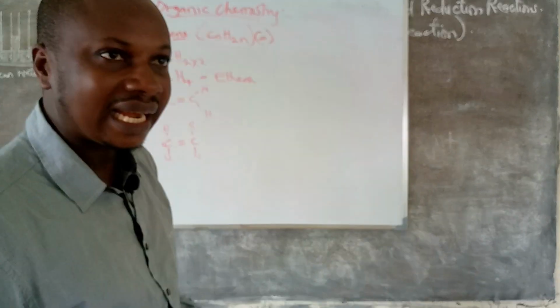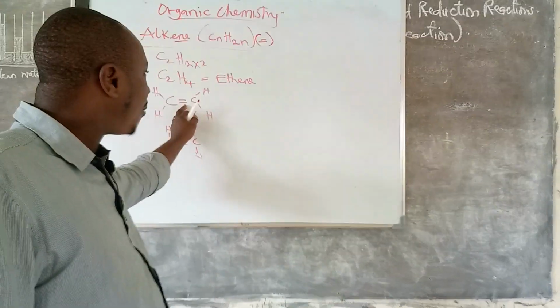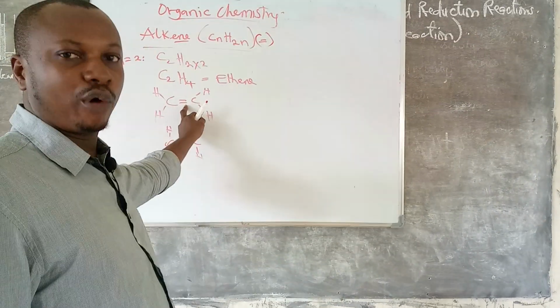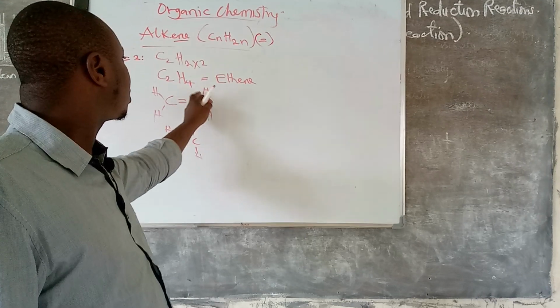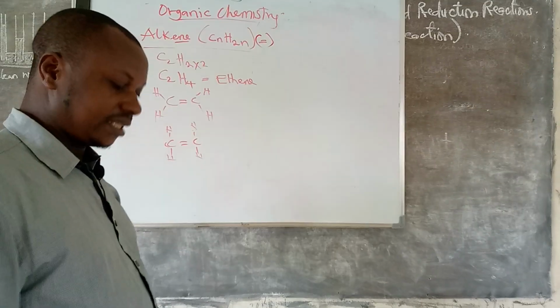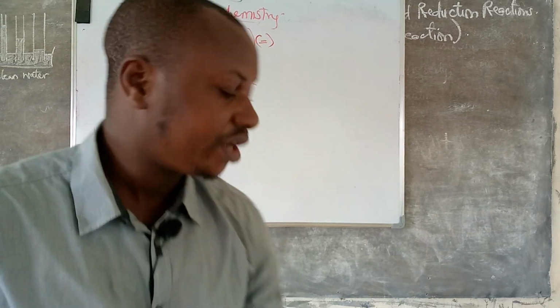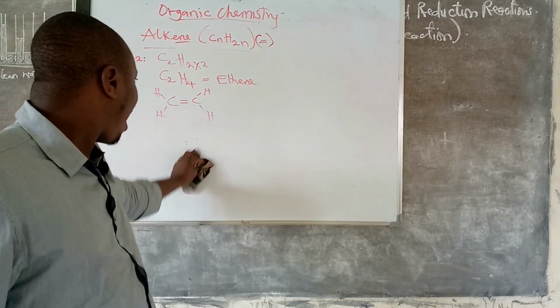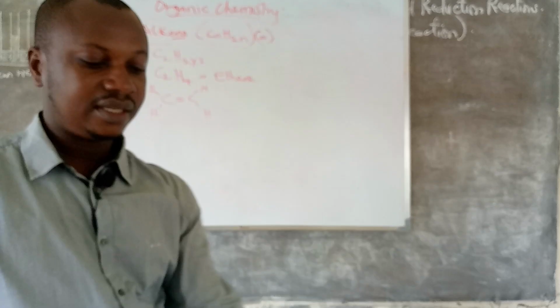But the point is clear that each carbon atom must be surrounded by 4 bonds. Look at this carbon now, 1, 2, 3, 4. Look at this carbon now, 1, 2, 3, 4. That is it. So the first member of our alkene homologous series is ethene.